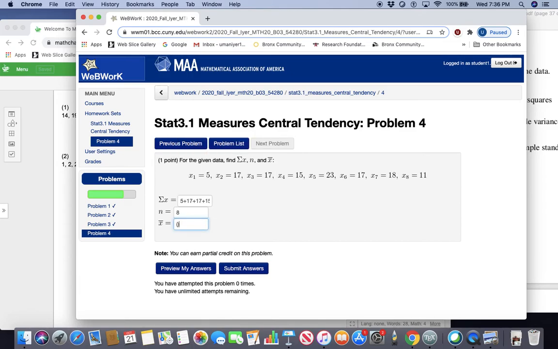So something on the top over 8, because there are 8 numbers. What goes inside those parentheses? Don't forget parentheses. What goes in the parentheses is the stuff above, so I can simply copy and then paste.